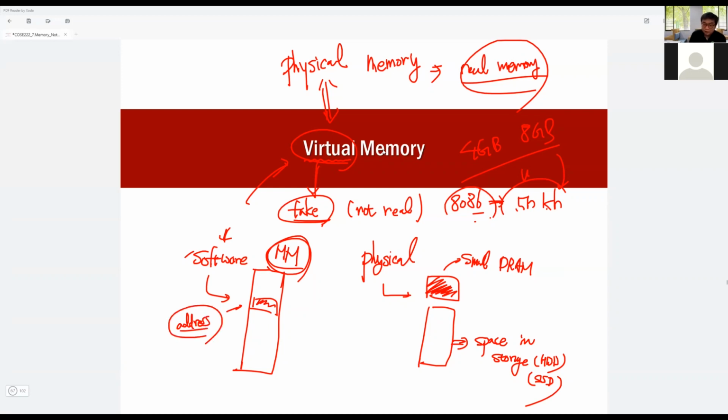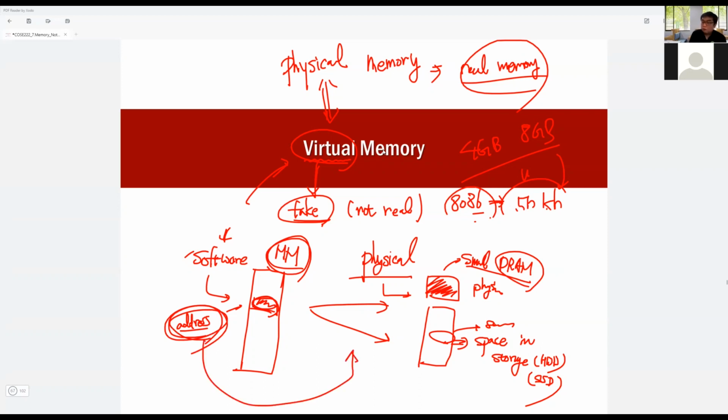But in order to access this data in the physical memory, the address should be translated into the physical address for DRAM or some location in the storage, because we don't know where the data is. Data can be in the physical memory or in the storage. So this address should be translated into the real address, the physical address.